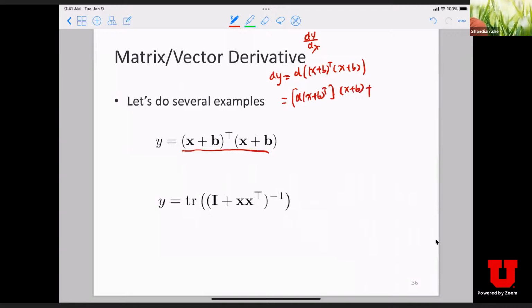And second, we keep the first term, which is x plus b transpose, and take the derivative of the second term. Does it make sense?